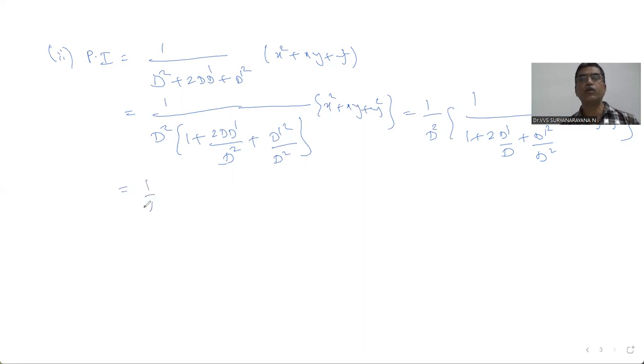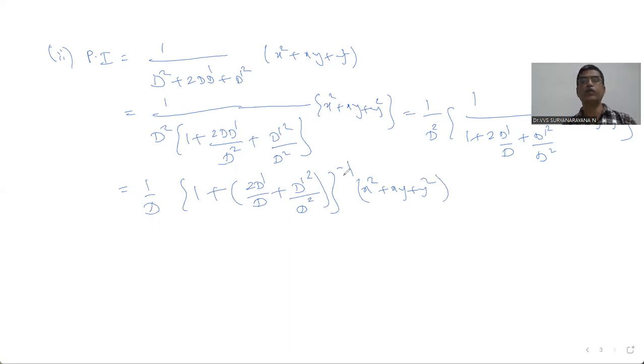How? Send this binomial to the numerator as it is. 1 is the first term and 2d dash by d plus d dash square by d square is the second term. Send this to the numerator with power minus 1, operated on x square plus xy plus y square.